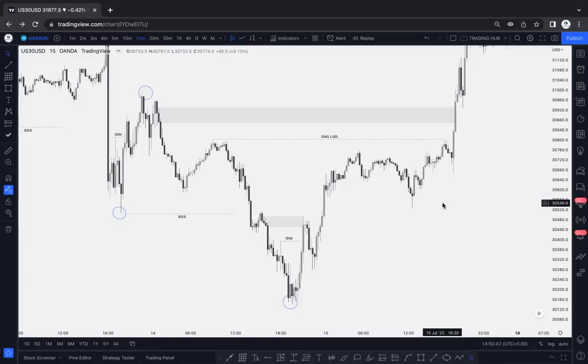I learned this from my old mentor, and I was confused. But now it is very clear. And these are nonsense, these are nothing, zero value. Only the inducement order block and the engineering liquidity order block have value. Two points of value. Other order blocks are smart money traps.